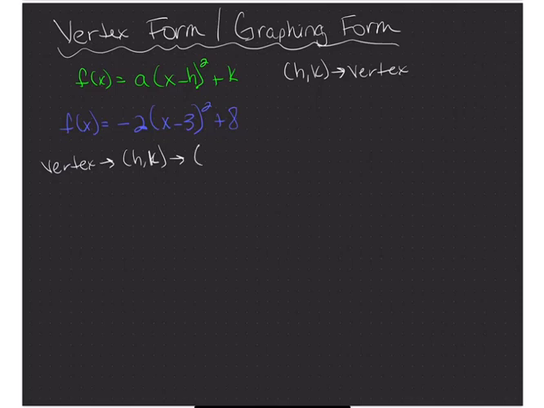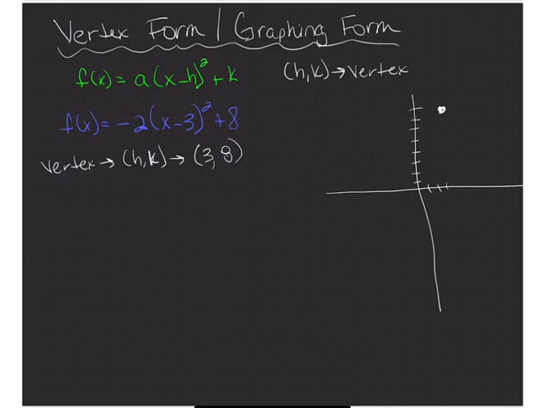So x minus h, x minus 3. So my h is going to be 3, and my k is going to be 8. If I wanted to start making a graph, 1, 2, 3, and 1, 2, 3, 4, 5, 6, 7, 8, my vertex would be right about there.